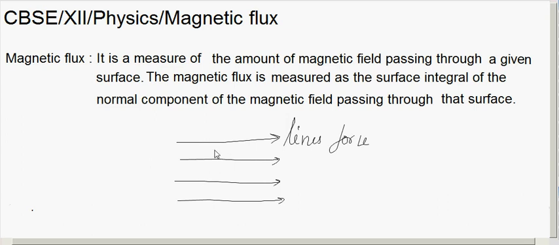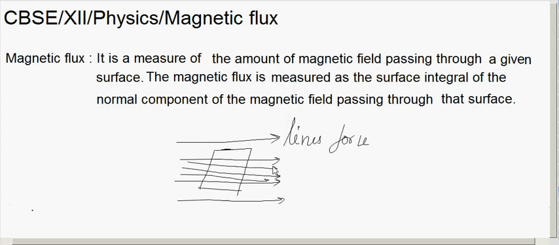So if you have a given surface, the magnetic flux is a measure of these field lines, or the number of magnetic lines of force in a magnetic field. Now here I have shown it as 2, so like that there will be a number of field lines.